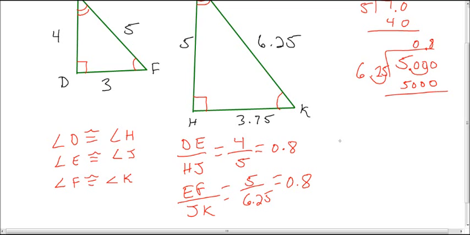That's on the bottom here. So we're looking at DF over HK. Okay, so our figures are, take the sides, 3 over 3.75.